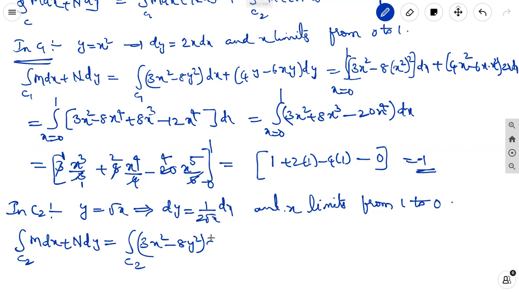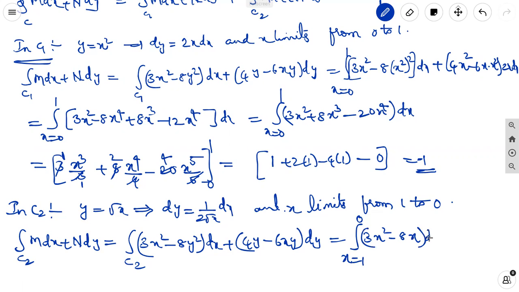square into dx plus 4y minus 6xy into dy, which is equal to the integral with x limits from 1 to 0 of 3x square minus 8y, with y equal to root x, so y square is nothing but x, into dx, plus 4 root x minus 6x root x, with dy being 1 by 2 root x dx.